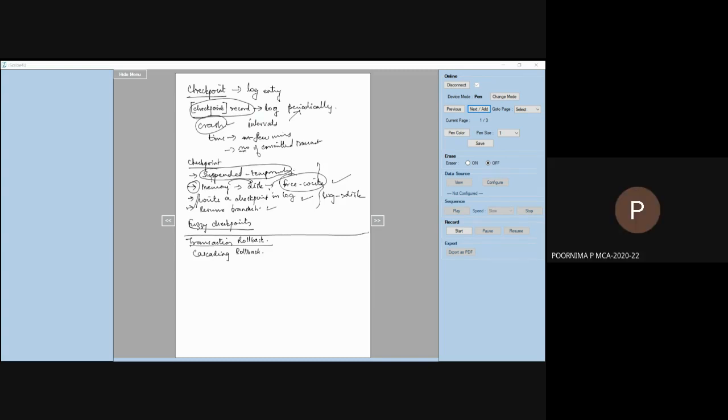Sheetal, present, ma'am. Shashank isn't there.